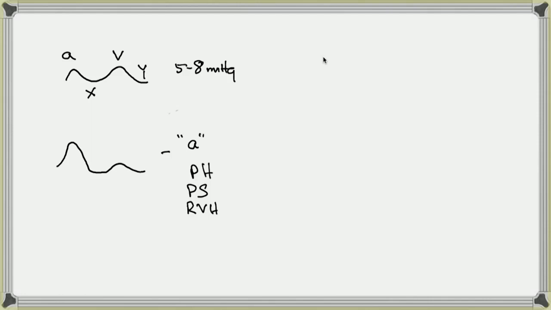It can also be seen in a patient with tricuspid stenosis, but in tricuspid stenosis, their Y descent will be blunted. But remember, a big A wave is a stiff right ventricle from either pulmonary hypertension, pulmonary stenosis, or right ventricular hypertrophy.